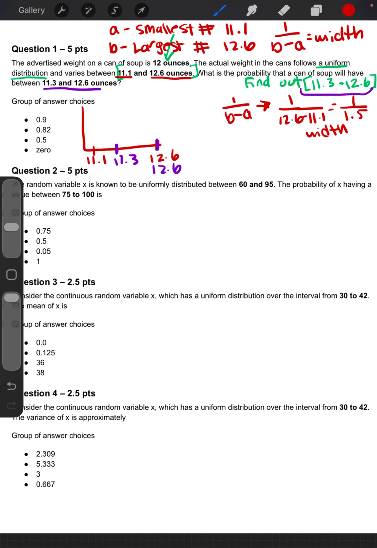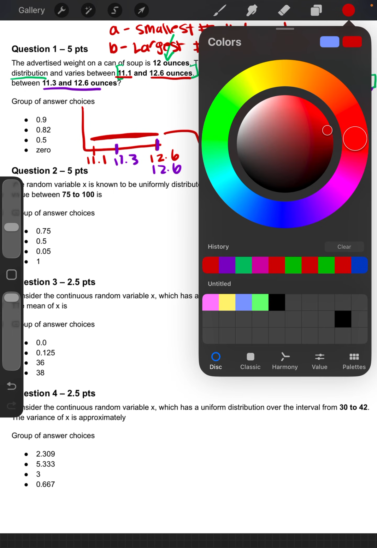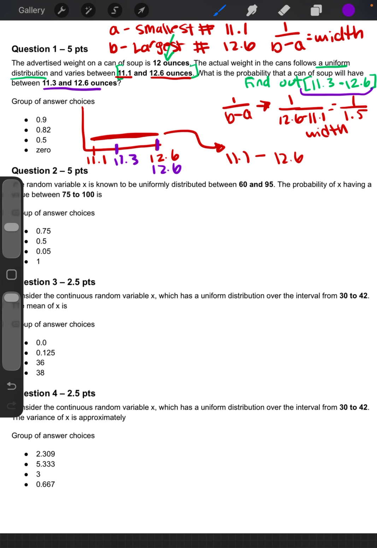A good thing you could do is draw the range for the whole thing. So this line means 11.1 to 12.6. And then this purple line is going to show only the purple, so this one is only 11.3 to 12.6.